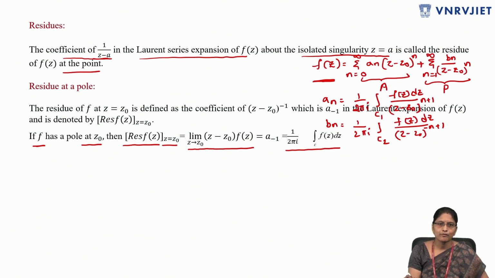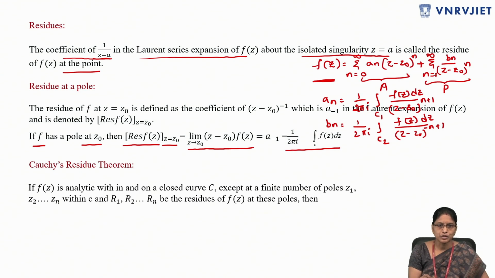So this is the formula for residue at the pole. This is another alternate method to find the residue at a pole. In the previous definition, we found the residue by using Laurent series expansion, and in this alternate method, we find the residue at a pole.